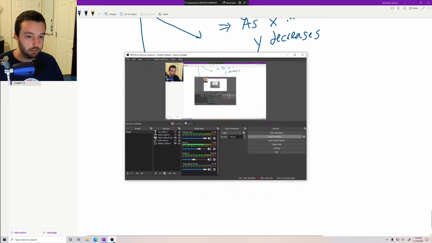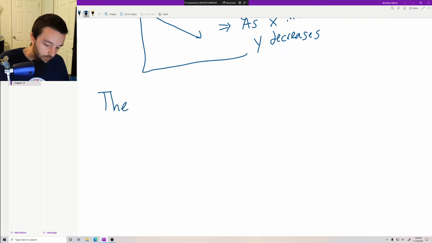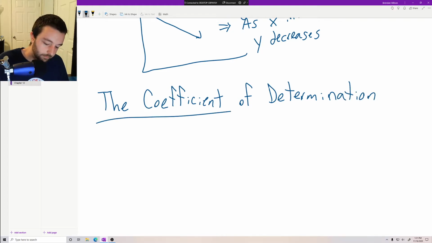This R squared is known as the coefficient of determination. Here, actually, let me write it like this.